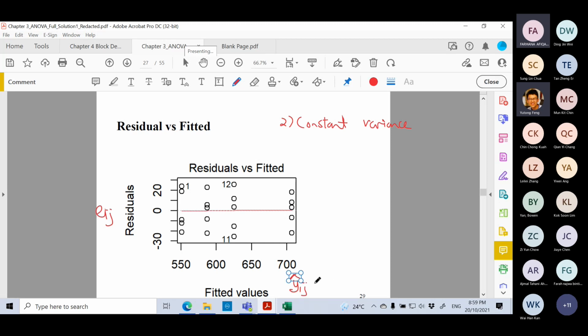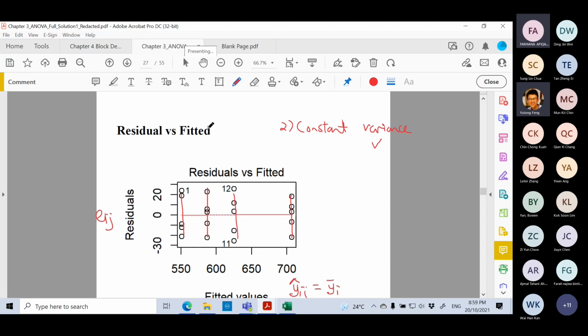Just now, y hat ij is equal to y bar i dot. If you can see the spread of the points for all of them is almost the same length, then the constant variance is fulfilled. So this is the second plot: you put the residual versus the fitted.